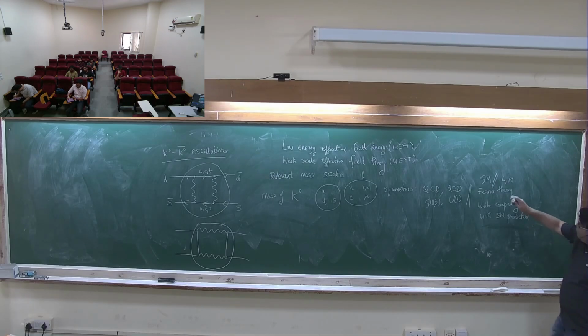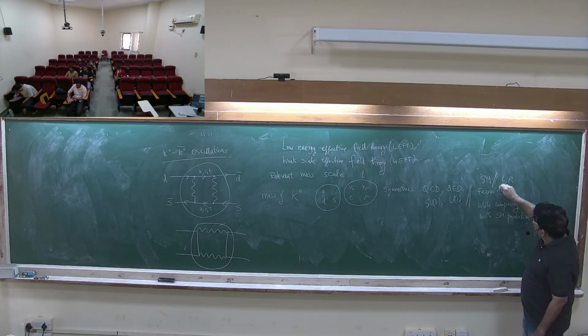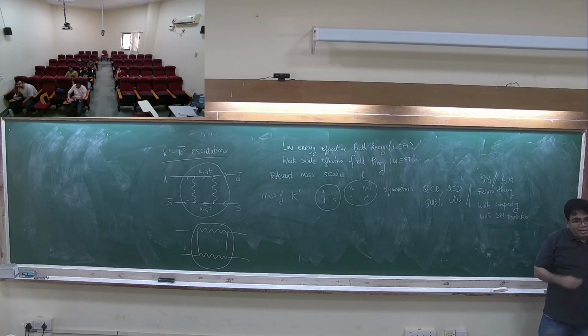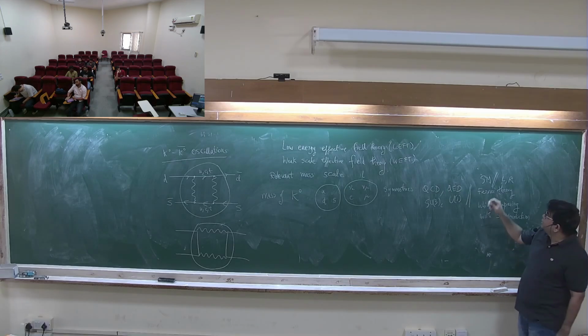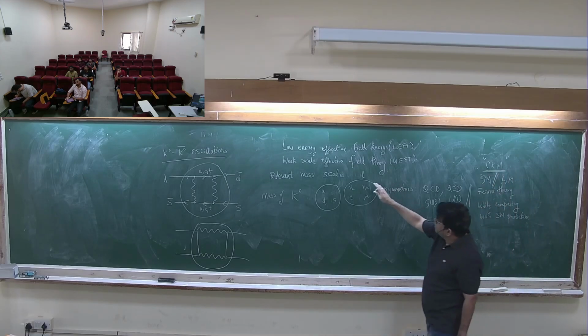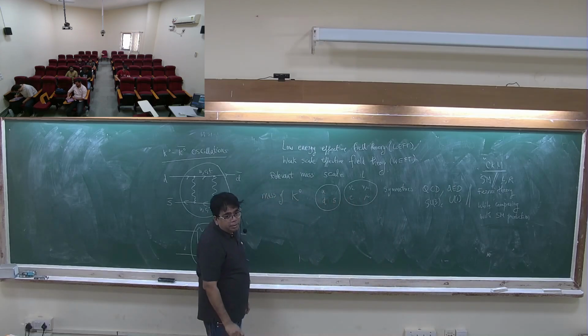But if you are just matching with experiment and you don't care whether the standard model is the cause behind it or not, there is a CKM matrix, or these all, if you want to match it with CKM, match. Then you can write directly these operators, all possible operators.